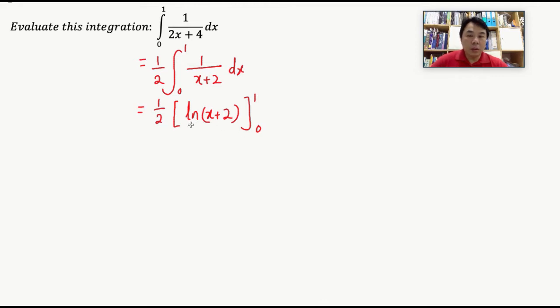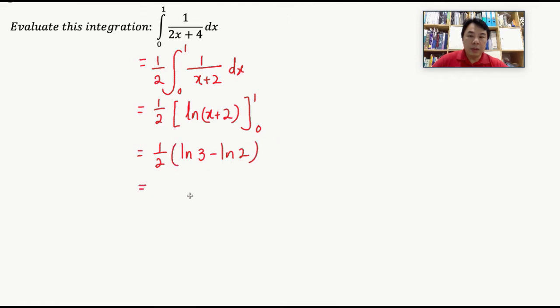It's just a recap on how to integrate a rational function. So the integration of a rational function is a natural log in this way. Now we're going to evaluate this by substituting both the x equal to 0 lower boundary and the upper boundary here. We're going to get, in this case, a ln 3 here minus a ln 2 here.